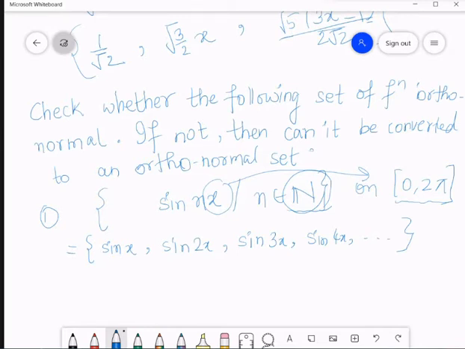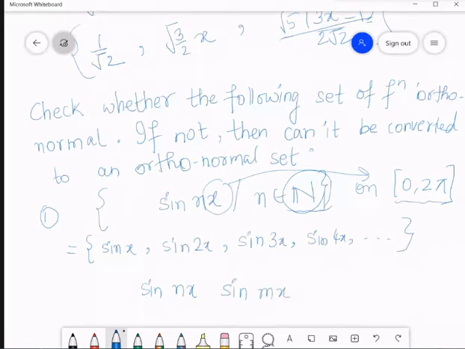See over here, what we'll do is take the general form. We don't go by sin x, clubbing it with each one. Of this particular set, it will be sin nx, and another function, let me call it sin mx.